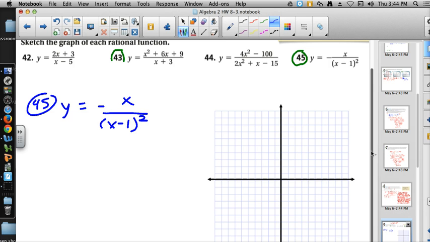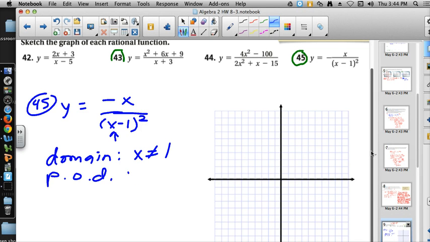All right. Now, with 45, it is already in factored form, but you're going to notice that I'm going to move that negative up here, just so that we can look at this and realize the negative is going to be used either in the numerator or the denominator, but not both positions. You always just use it in one. So we'll start with domain, and we can see that a 1 would be a bad number, so that's out.